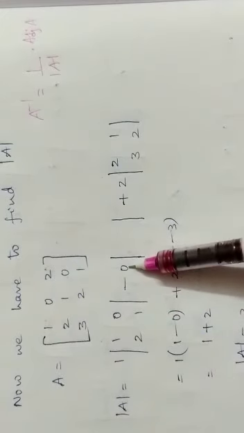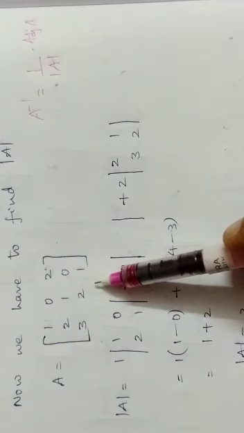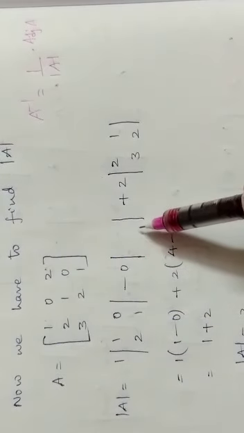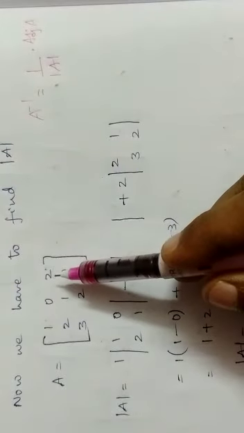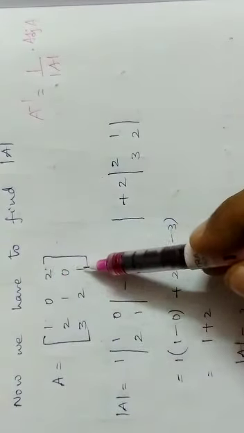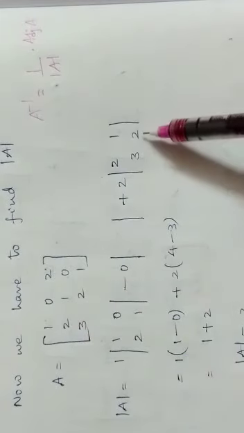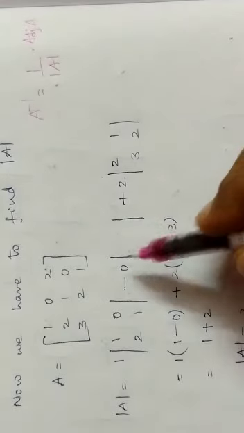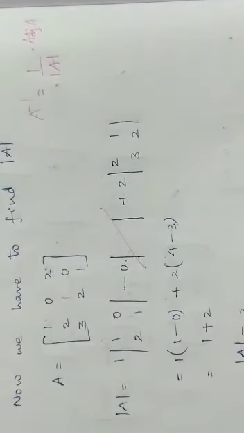So minus 0, remove row and column, you will get 4 elements. Plus 2 into, remove row and column, the 4 elements are 2 1 3 2. Since you are having 0 here, 0 into anything is 0.